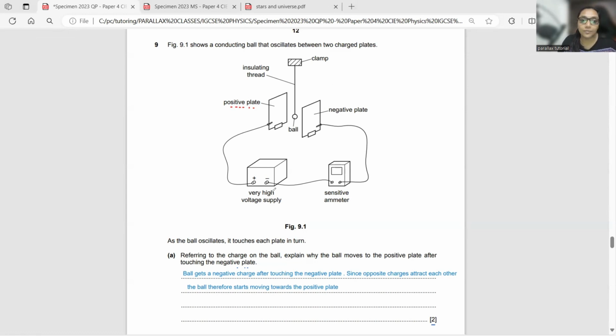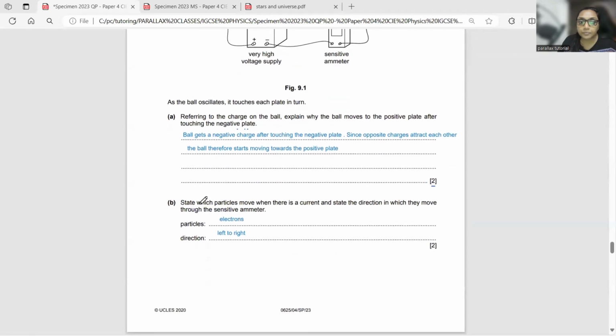This is exactly what you have to write. So the first point which you will write is: ball gets a negative charge after touching the negative plate. It has acquired a negative charge. That carries 1 mark. Then the second point would be, since opposite charges attract each other, the ball therefore starts moving towards the positive plate. That will carry the next mark. This was pretty simple. Let's move on to the next.